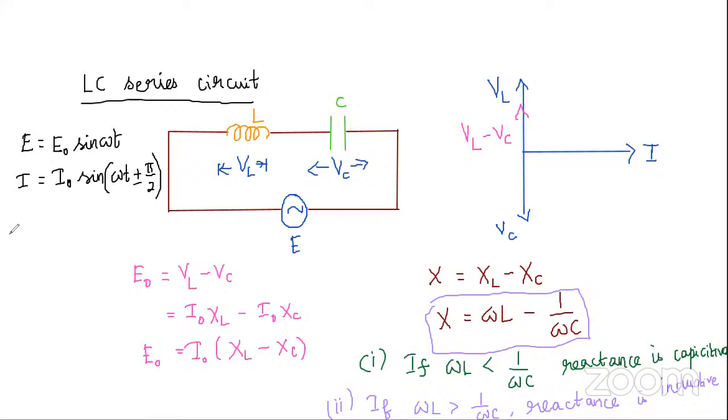From this we can find out I naught is equal to E naught by XL minus XC, that means E naught divided by omega L minus 1 by omega C.